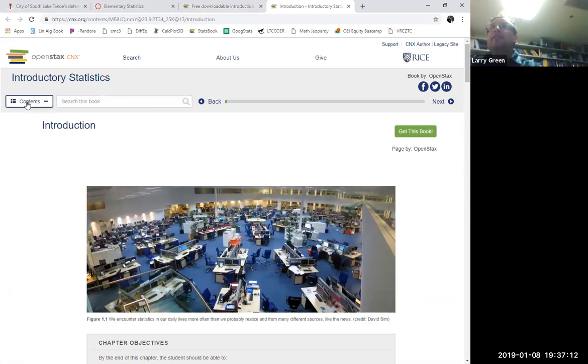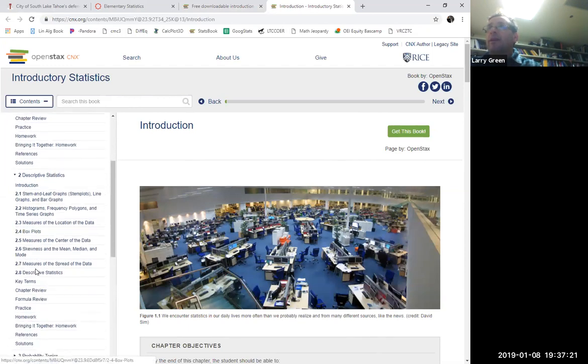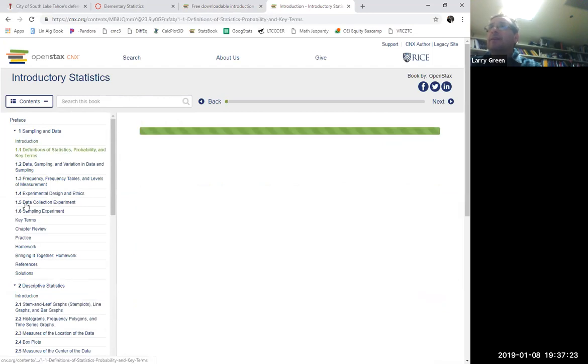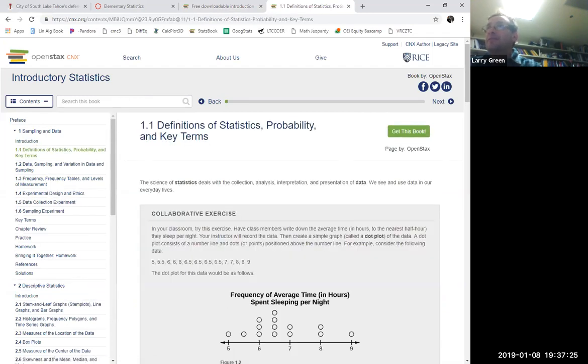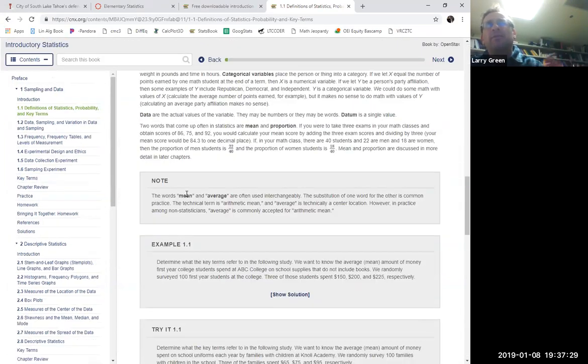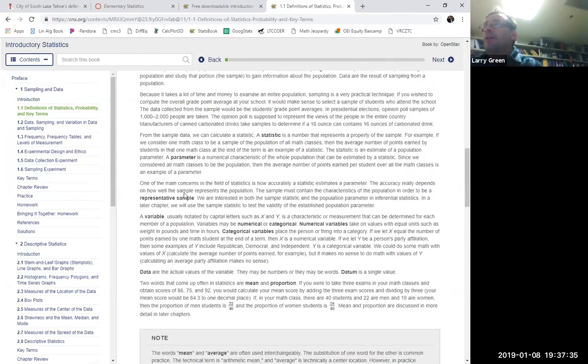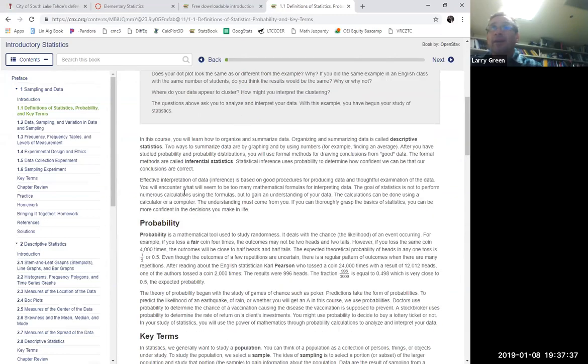If you go to contents, this week we're doing chapter 1 and chapter 2. So you'll want to read each of the sections in chapter 1 and chapter 2. It's online, so there's no page number per se. Does that make sense? Read through, there are examples, and the most important thing is that you understand it and learn it.